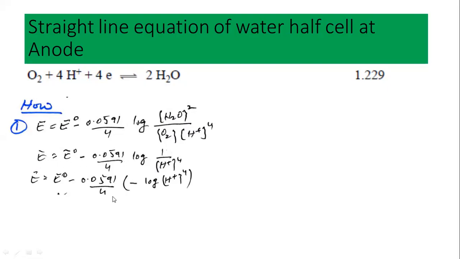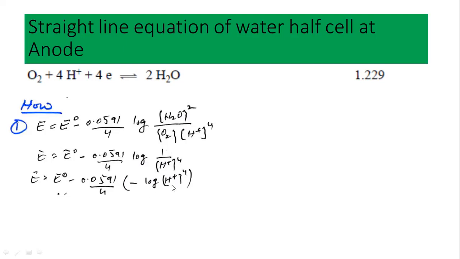And similar to the first derivation, you can just open this by using the mathematical formula: log 1 over a over b will be equal to log a minus log b, so log 1 minus log hydrogen ion concentration, and log 1 would be equal to 0. So that's why it is not written over here.